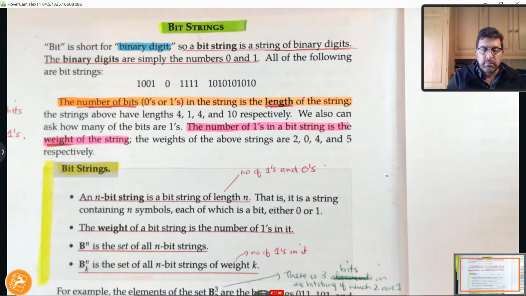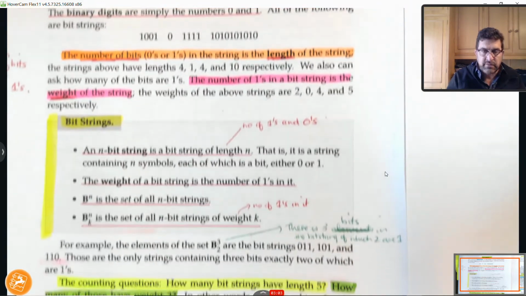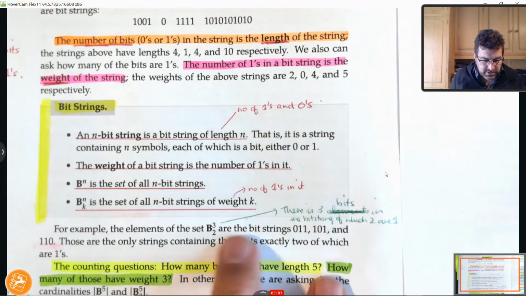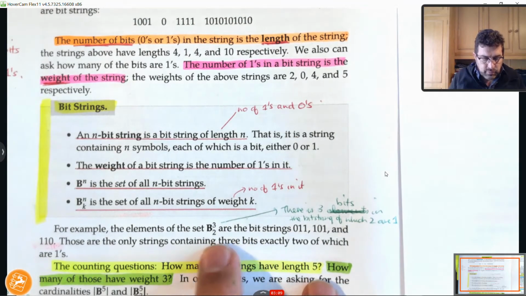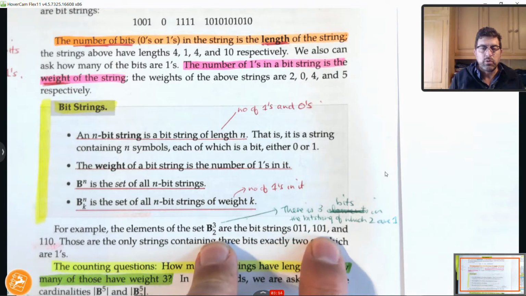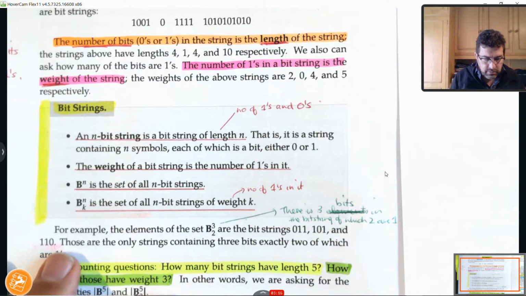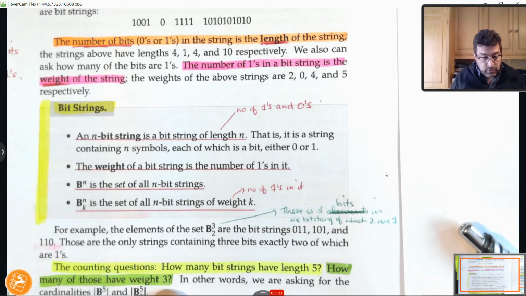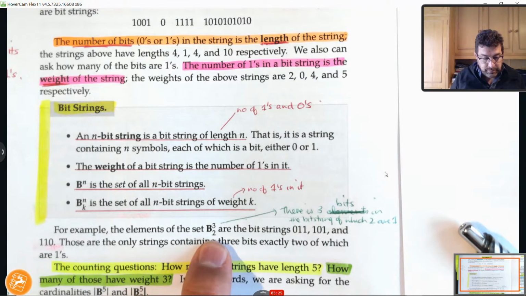For example, the B3,2 that I've got down there: there are 3 bits in this bit string, of which 2 of them are 1. So you can see it's 011, 101 or 110. There are only 3 possibilities there. It must have a weight of 2, and if I only have 3 elements to choose from, then there can only be one 0 in this string.